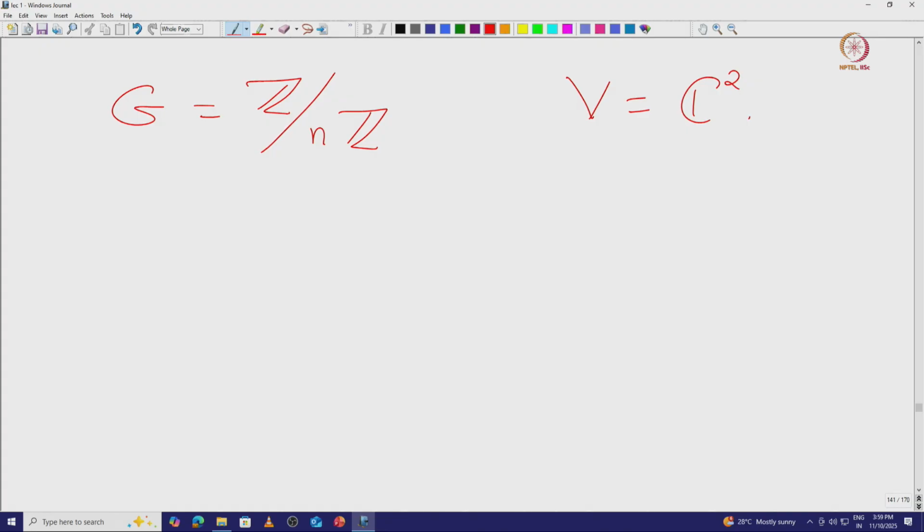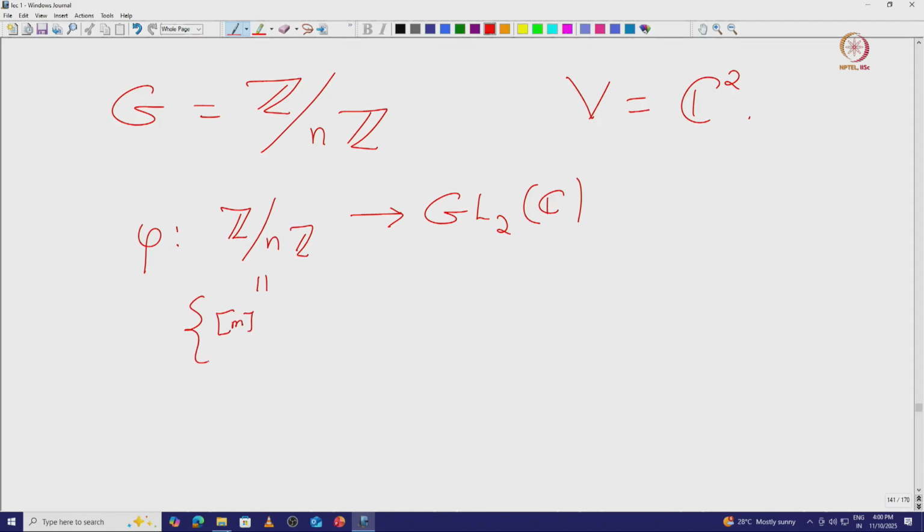For that, we simply take this phi. We want to define this group homomorphism from Z modulo nZ to GL2 of C. Now, the elements of this group, let us say they are all denoted by these classes m, where m is varying from 0 to n minus 1.